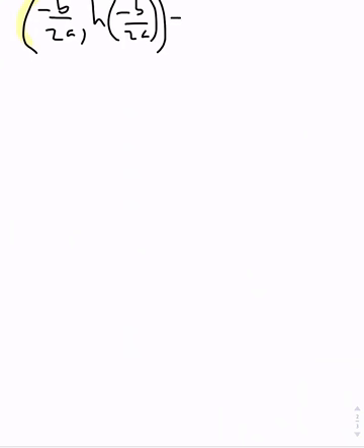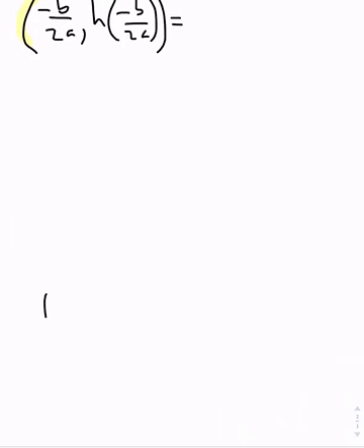So we have a formula. It's negative b over 2a, and then our function is h, so h of negative b over 2a. All right, so right down here I'll write the function.